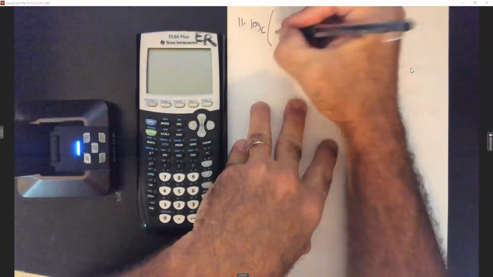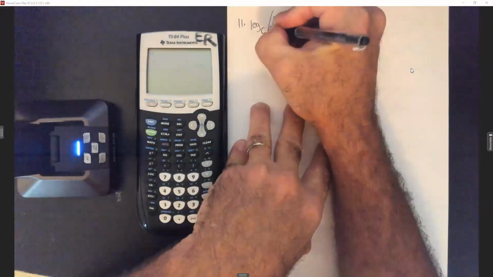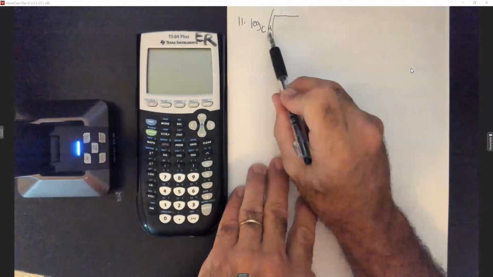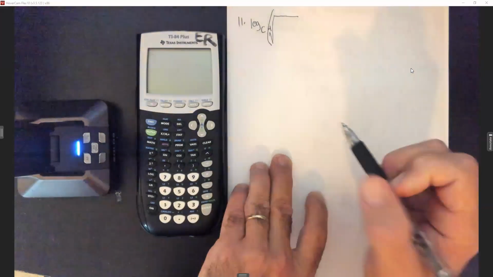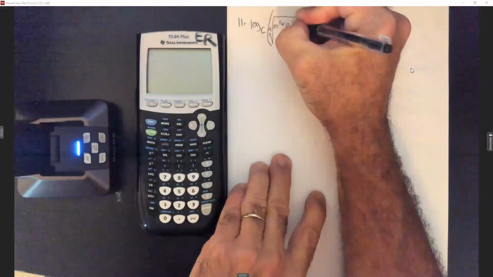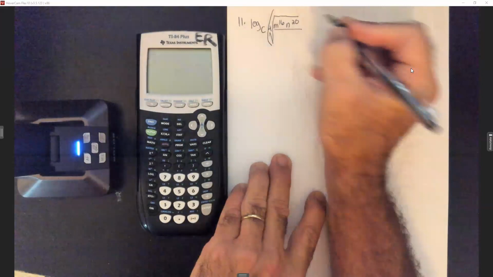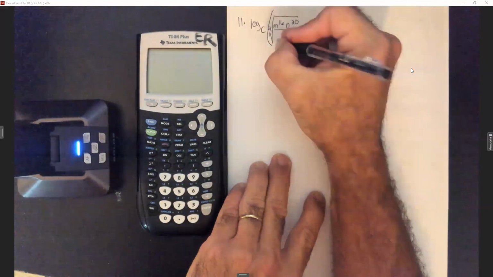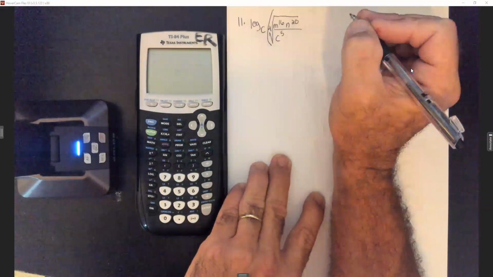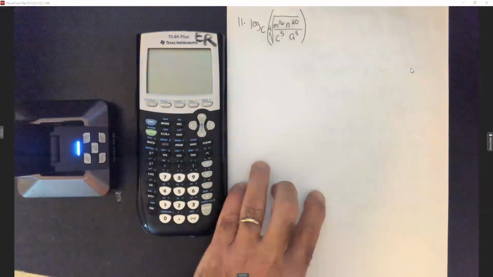It's got a big radical with a 4 in the notch. So this is a fourth root. On top is an M16N20. On bottom is a C5, A5. And then all that in parentheses.